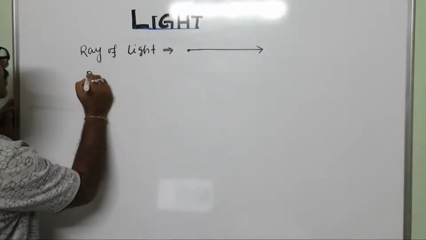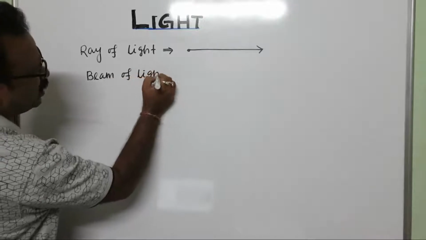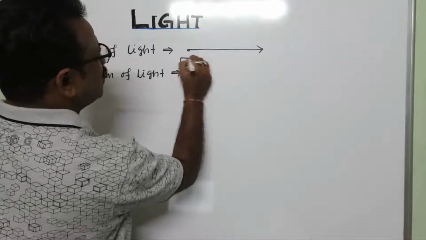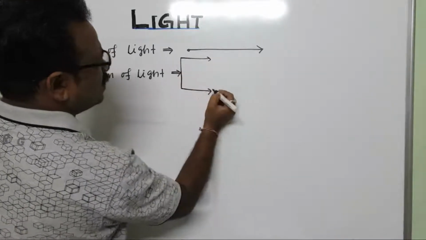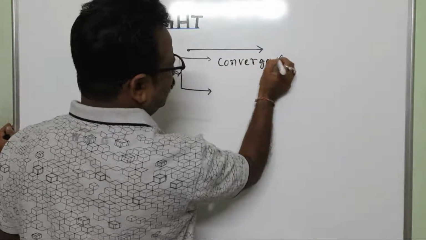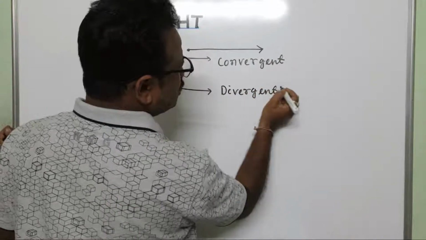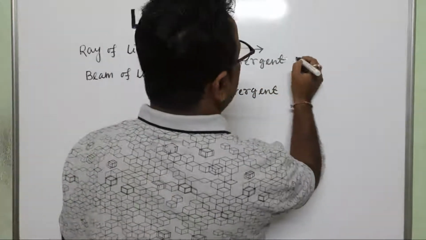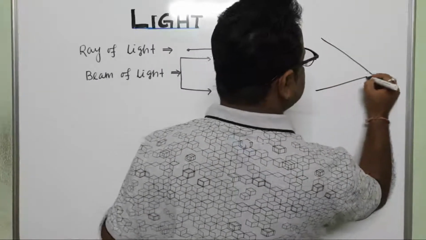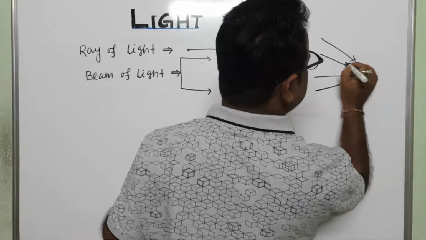So, light ray. Now, beam of light. We know it. Beam of light is divided into two groups: convergent and divergent. Convergent means rays are coming to a point.